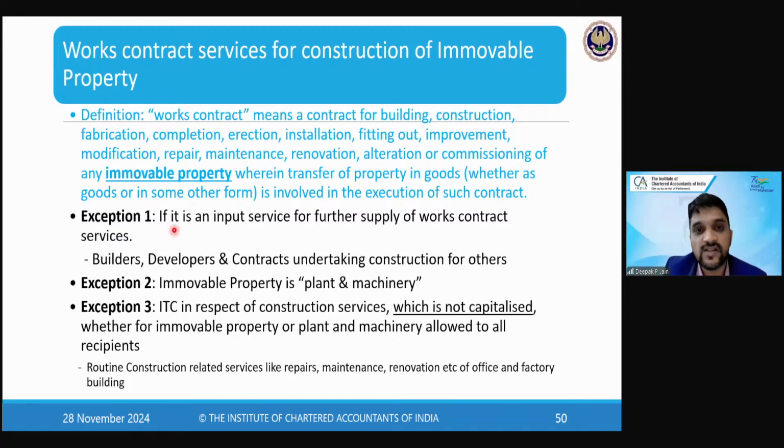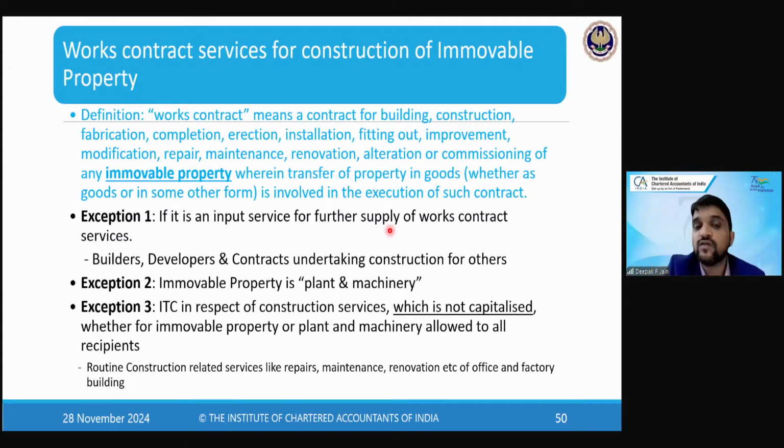This exception 1 says no, if it is an input service for further supply, then you can get the credit. So he said, I'm doing a further supply. But the government said no. If it is further supply of works contract services and it should be plant and machinery, only then we'll give you the credit. So the case is still stuck to determine whether the mall is a plant and machinery.